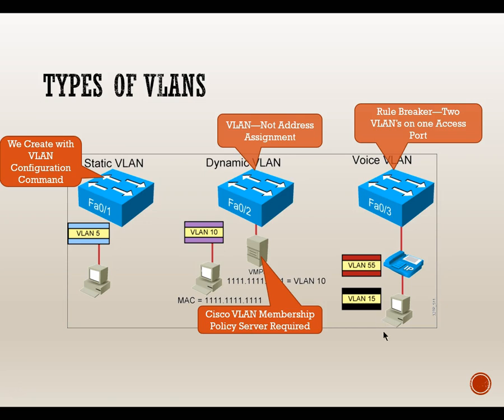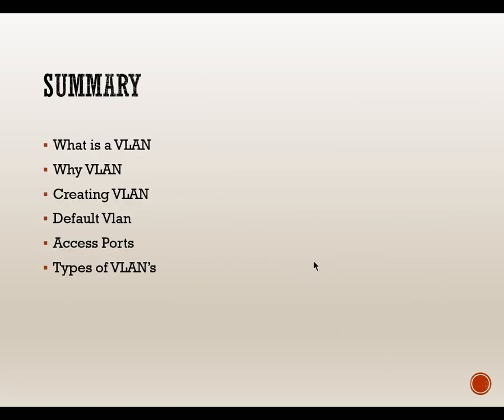So we talked about what a VLAN is and why we use VLANs. We separate traffic, we get a little bit of security from it, and we get separate broadcast domains. We created a VLAN and talked about the default VLAN, VLAN 1, which everything is by default a member of.